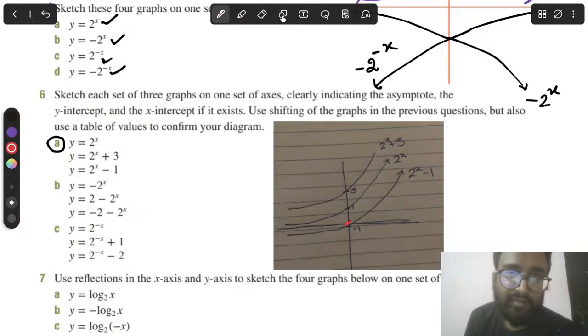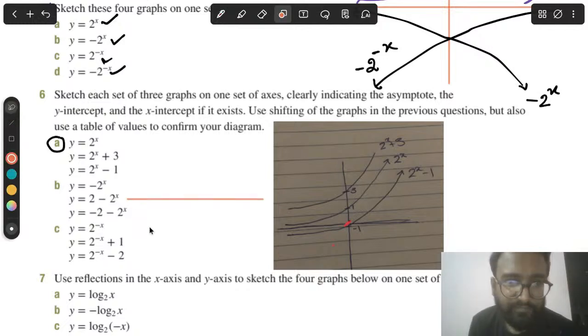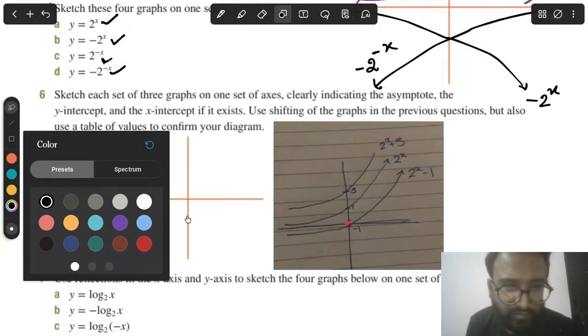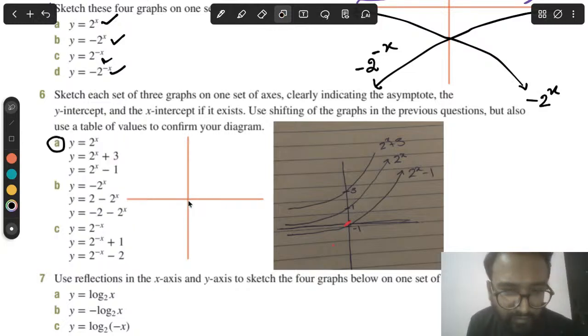So, if this is your x axis, this is your y axis, and this is your 0, this is your minus 1.